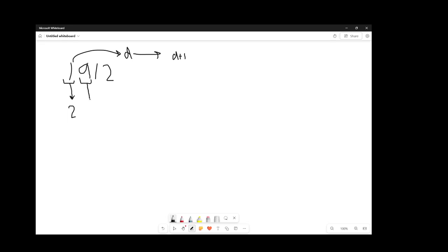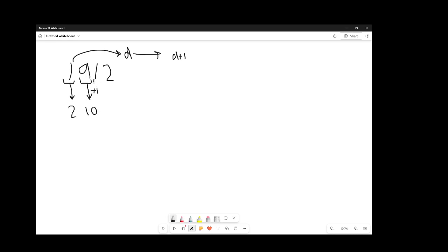Now for 9, when we increase it by 1, because we need to change it to d plus 1, 9 would be 10, and we write the decimal representation of 10, so 10 is written.